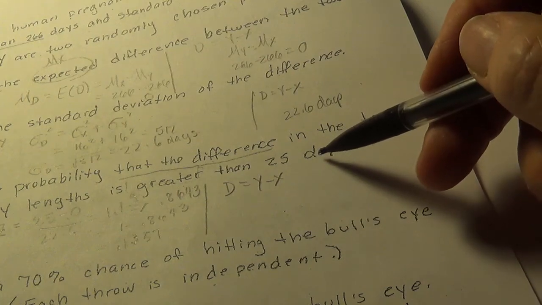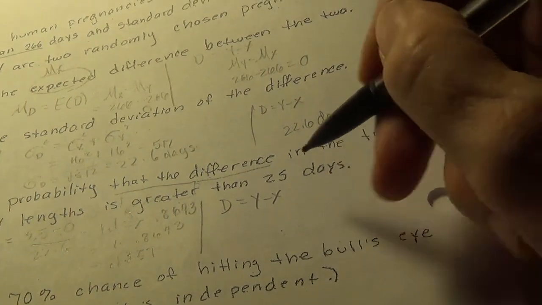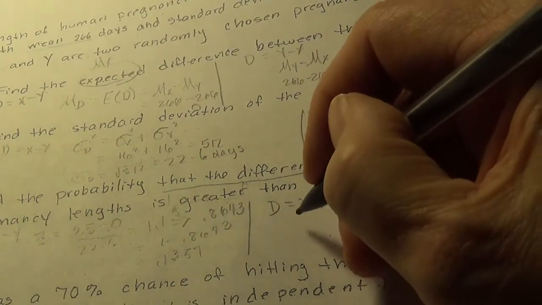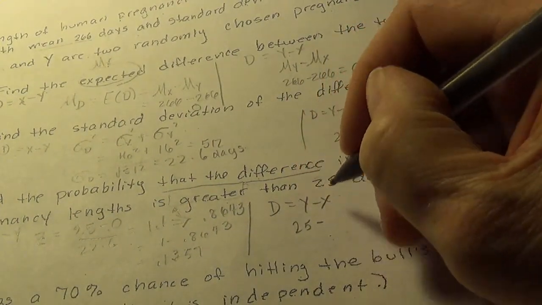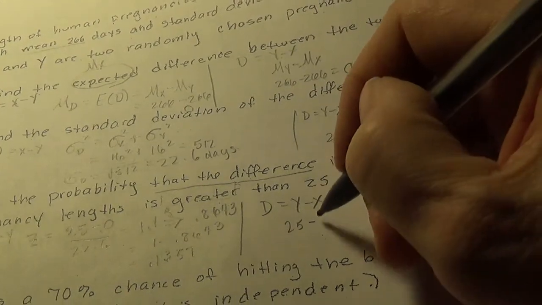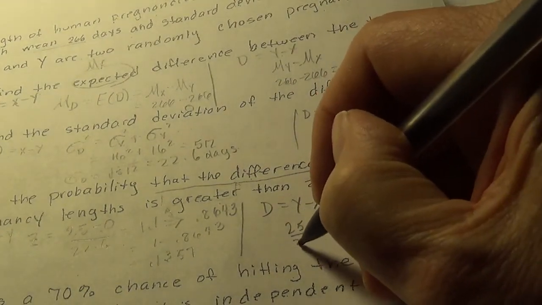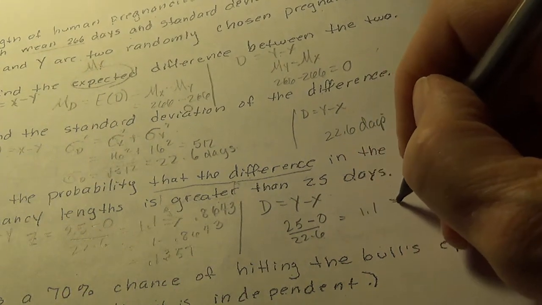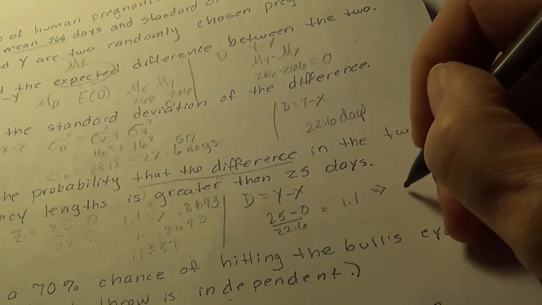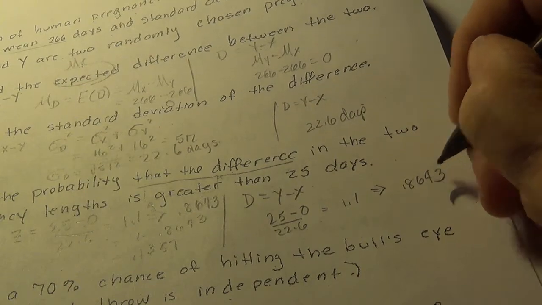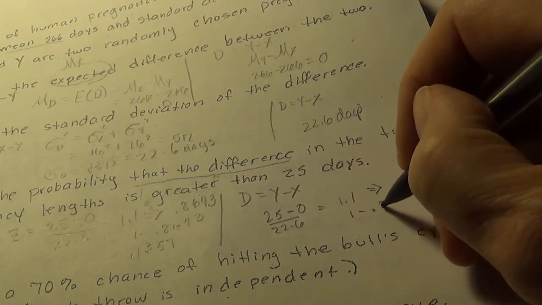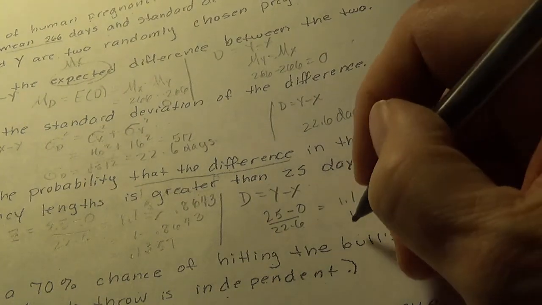Will that change over here? Well, let's see. Y minus x, still greater than 25, so we have 25 minus the y minus x mean, which was 0. All right, so we're working with the same numbers. So we're going to get 1.1, then chart A, 0.8643, and 1 minus 0.8643.